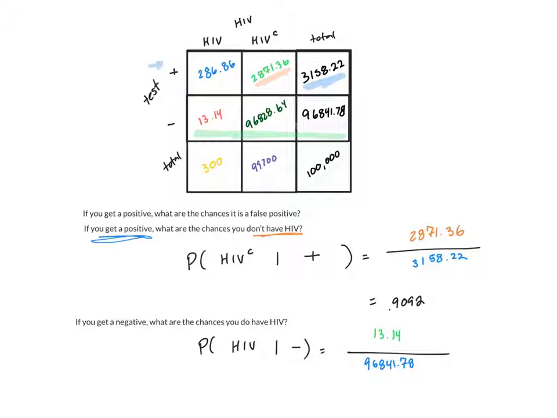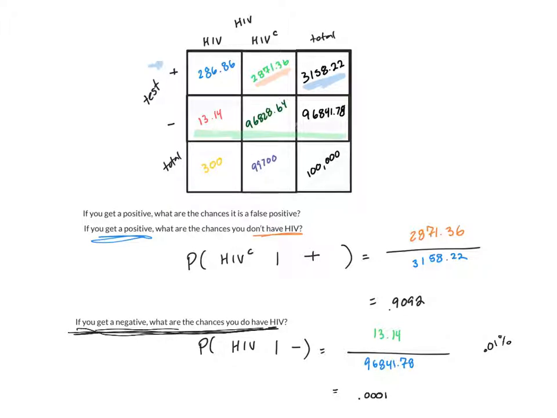Turning this into a decimal, we get 0.0001. And what this tells me then is there's a 0.01% chance that you actually have HIV if you got a negative. This is really important to realize about medical testing. When we're testing for a contagious disease such as this, we're really worried about this specific thing.